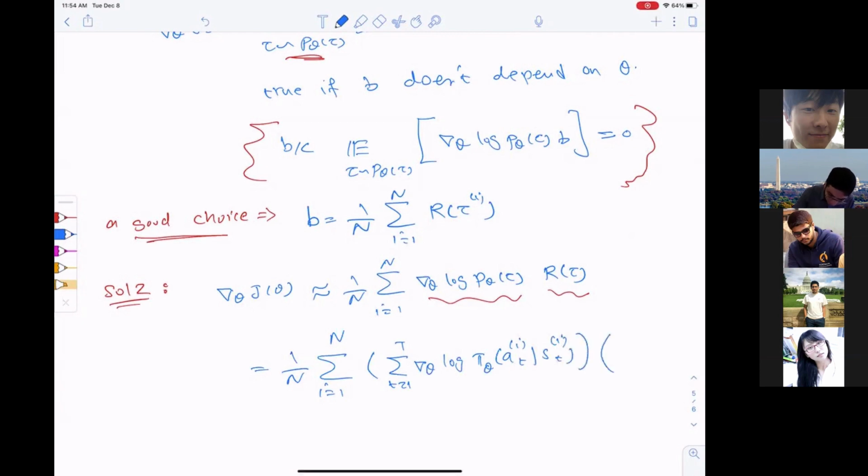And for the reward, I can also sum it up over pairs of states and actions and sum it up over different t's. Let's use another index t prime just to make sure it is not confused with t.